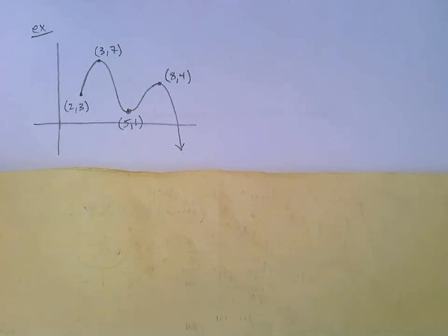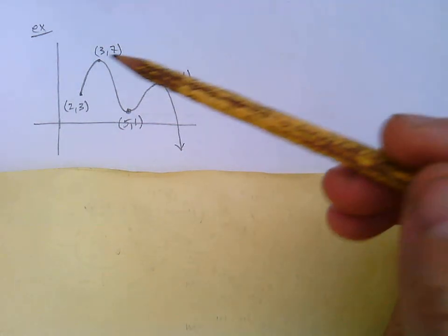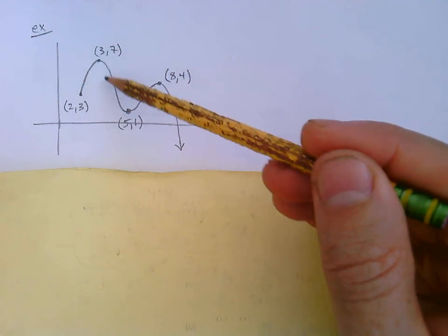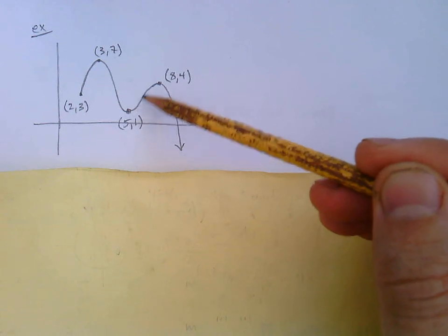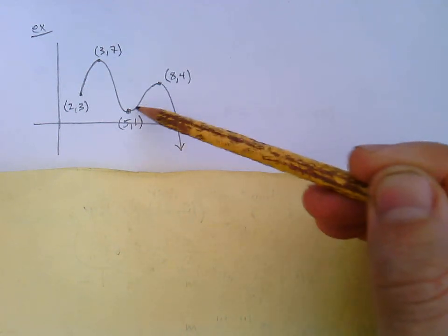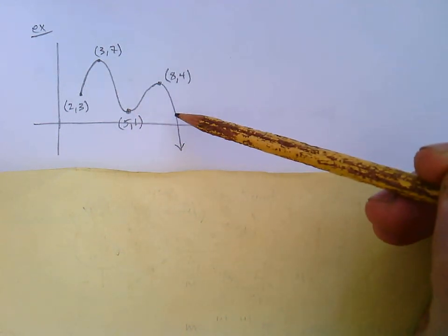What about the absolute min? Now this is tricky. The absolute min is the lowest y value. But as you see, there's a low y value at 1, but over here there are y values that are lower than 1.